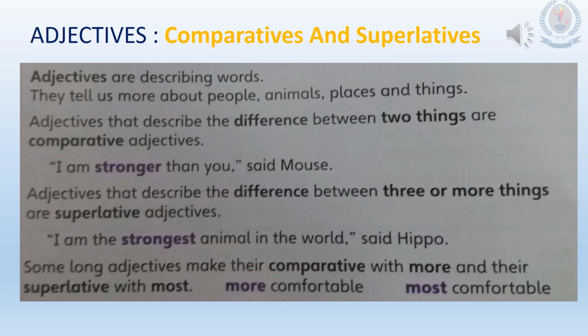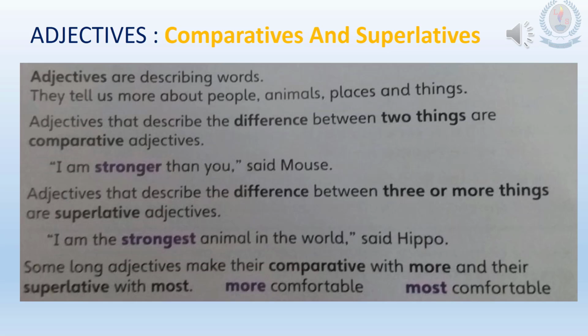Stronger. Adjectives that describe the difference between three or more things are superlative adjectives. So when we describe three or more things, we use these superlative adjectives.